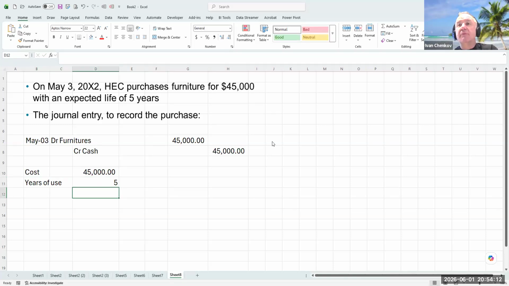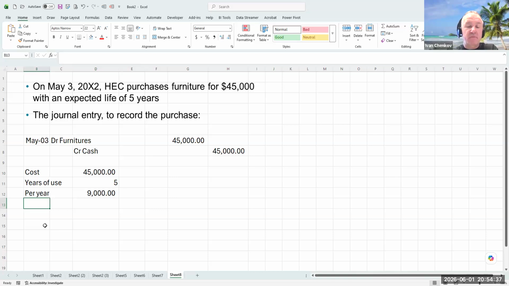So how much I have to transfer from the cost of each of this asset every year to the expenses? So per year, I have to transfer 45,000 divided by 5, $9,000.